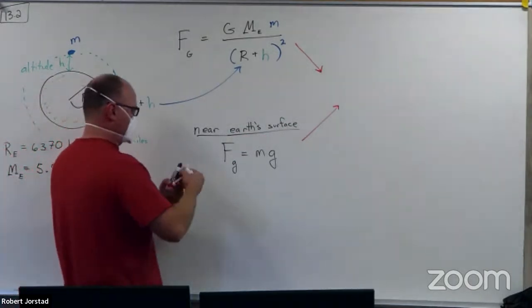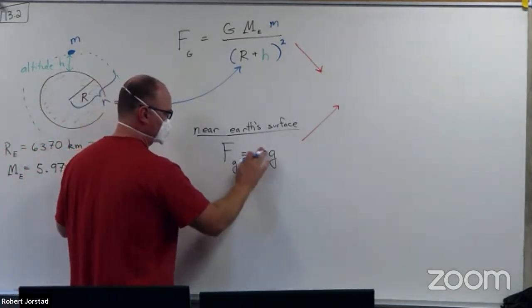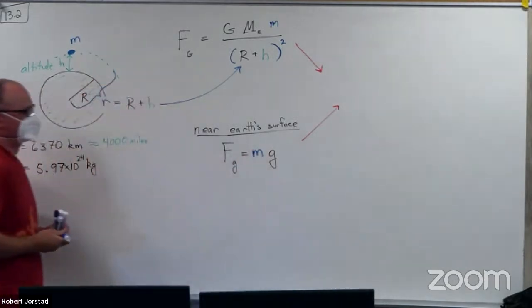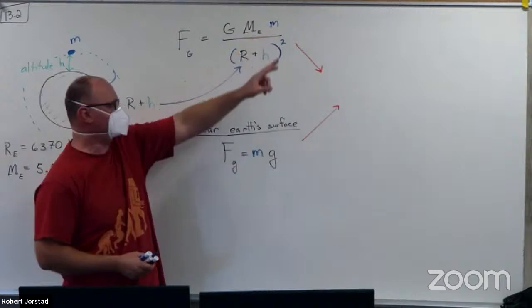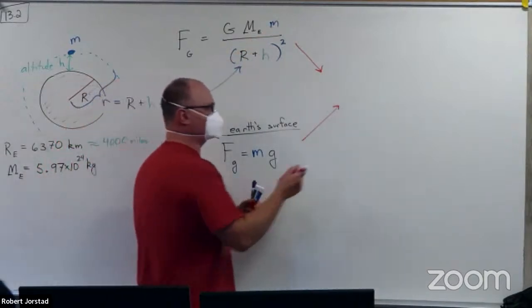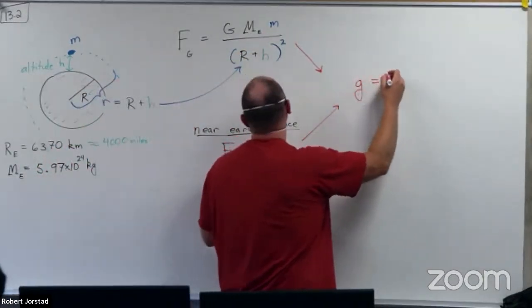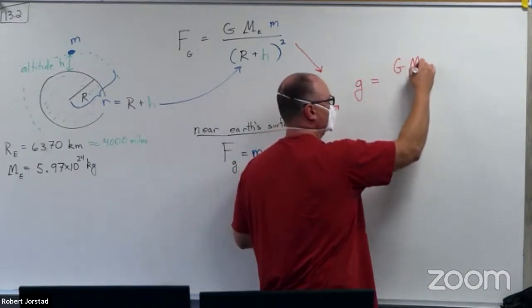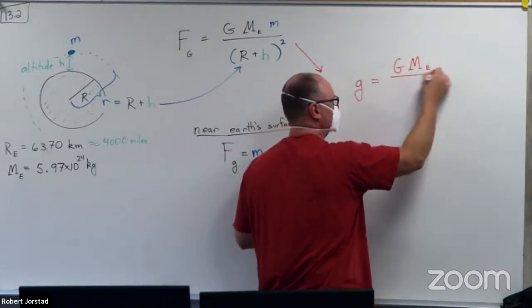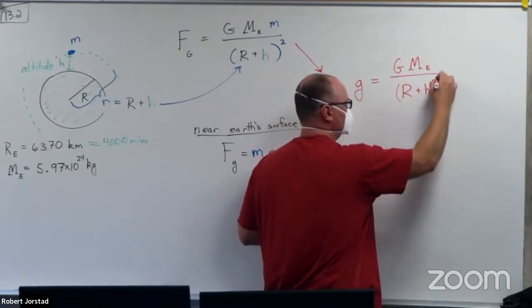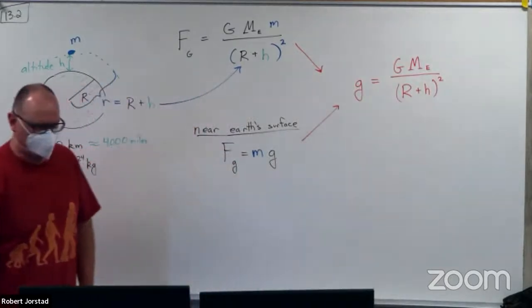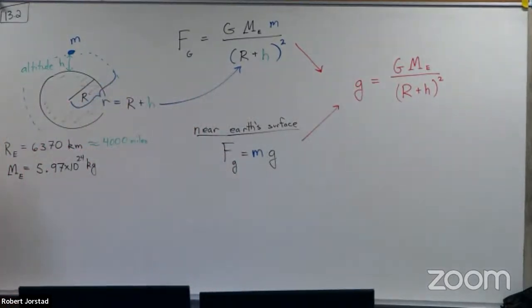And maybe I'll put this mass here in blue. Notice everything up here that's not this m is basically little g as a function of altitude. Cool? Oh, I guess that's supposed to be radius of the Earth, but whatever. I'll just erase it right there.